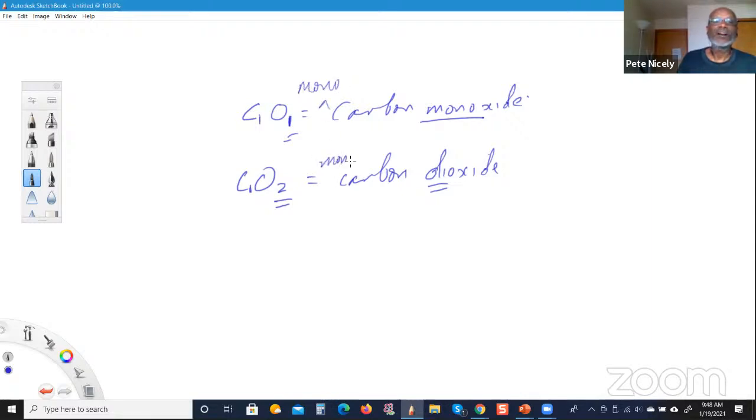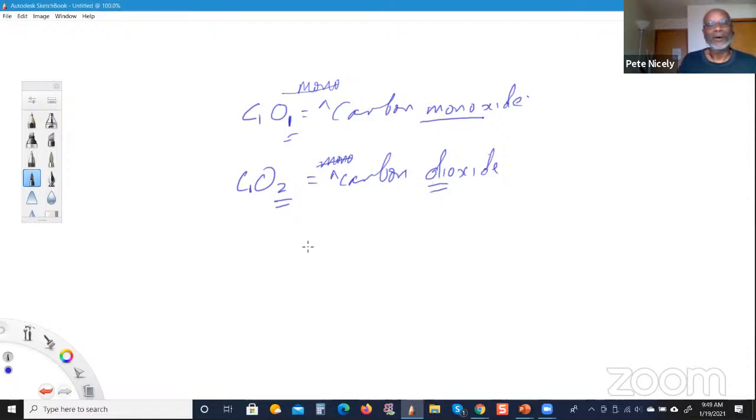Well, according to the good folks at IUPAC, they decided that if the first element in the formula has only 1 atom represented, then there's no need for you to use the mono prefix, all right? So in the case of CO, it's simply carbon monoxide and not monocarbon monoxide. In the case of CO2, it's simply carbon dioxide and not monocarbon dioxide, all right?